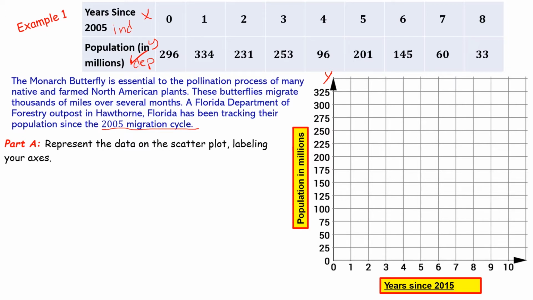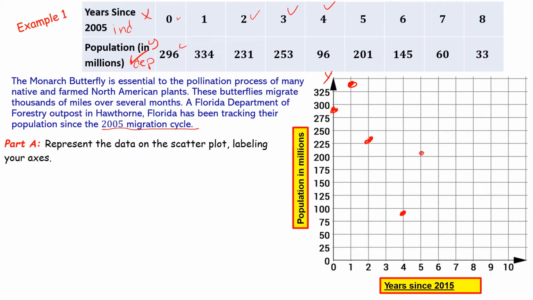So I'm just going to plot these ordered pairs. 0, 296. 0, 296 is about here. 1, 334. And it's not going to be exact. So 1, 334, I'm going to say it's about here. Next, 2, 231. 2, 231 is about here. 496, 96 is about here. 5, 201.